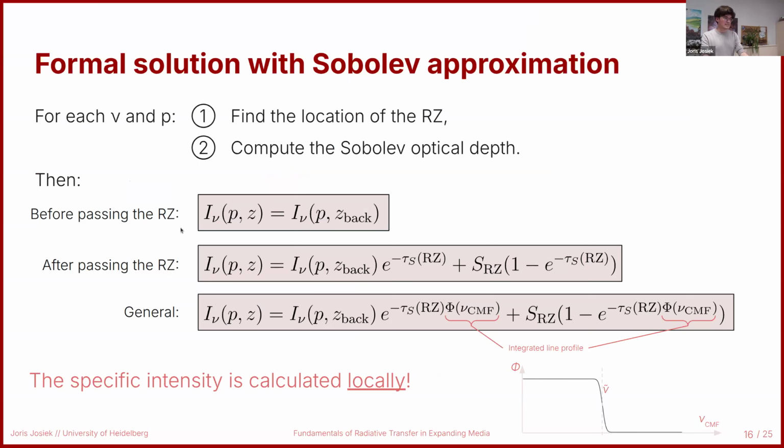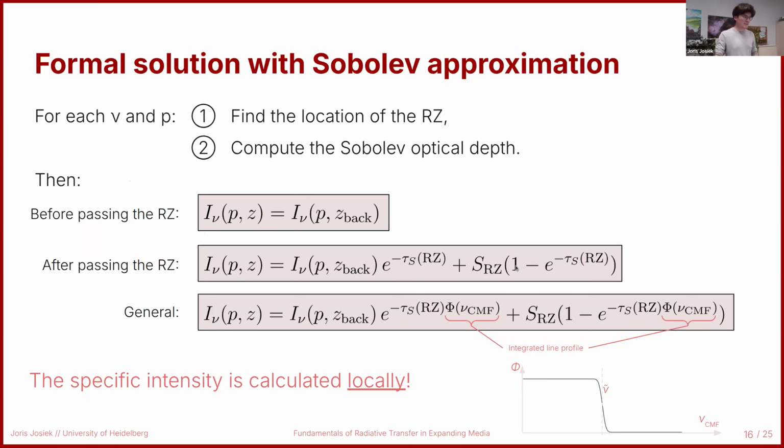The intensity before passing the resonance zone is unaffected by any sort of absorption. So it's just the back intensity, the illumination from the back. And then after passing the resonance zone, it's the same intensity coming from the back, but modulated by the exponential of the optical depth of this resonance zone, plus the source function in the resonance zone and in this term here.